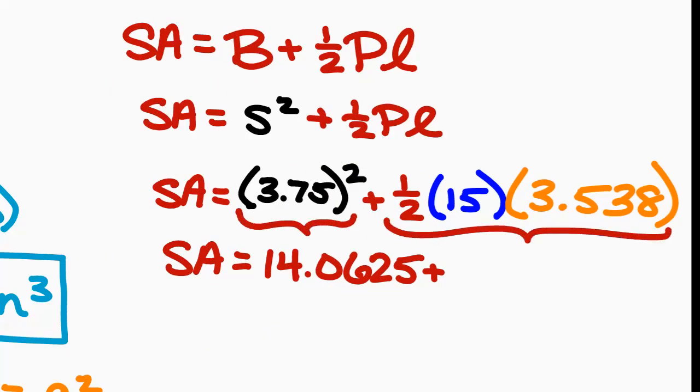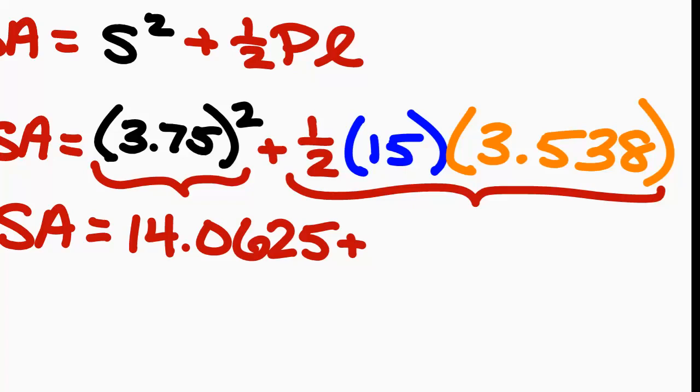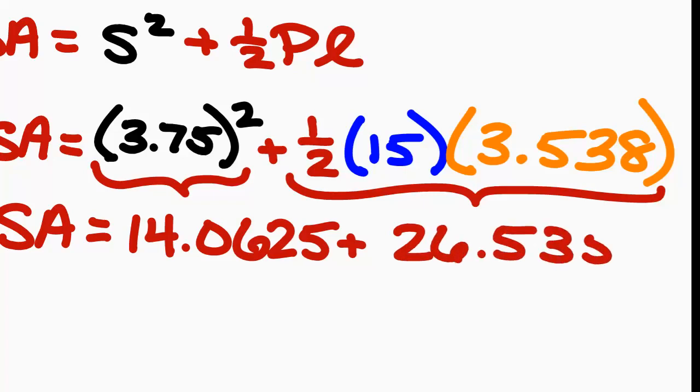1/2 times 15 times 3.538. This would be the lateral surface area, or the area of the triangles that are making the sides of that pyramid. What do we get when you do 1/2 times 15 times 3.538? 26.535.